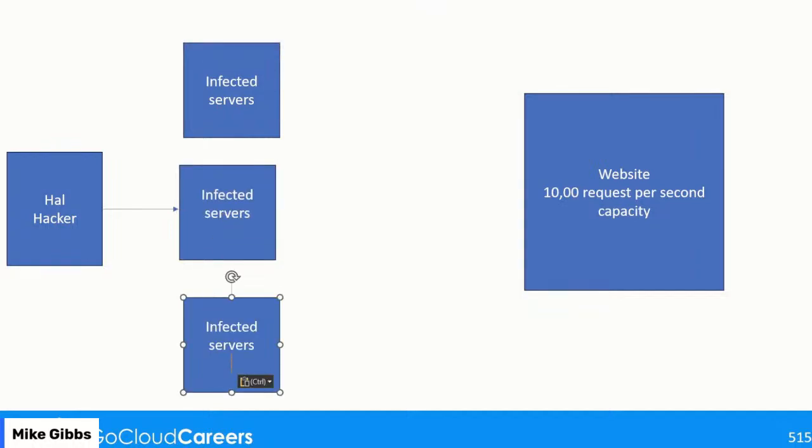And now these infected servers all launch the attack on the website. So now maybe they send 100,000 requests each, and this can turn into something big. So that's typically a distributed denial of service attack. There's lots of things we can use. If we understand the way TCP works, we can send TCP send messages and half open messages, but that's way beyond this. That's more security architect scope. And any of the real architecture is outside of any certification.